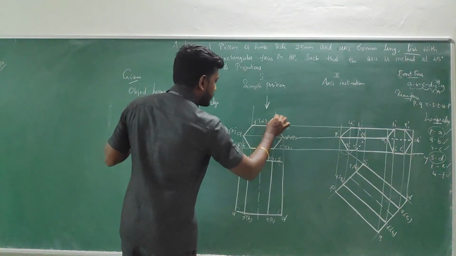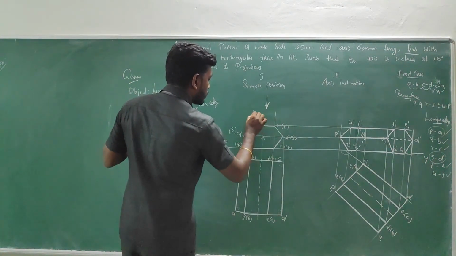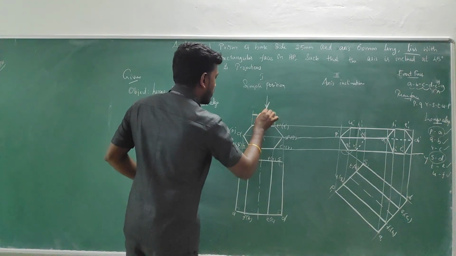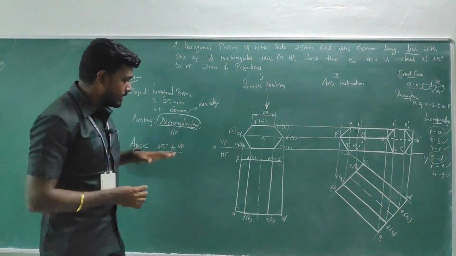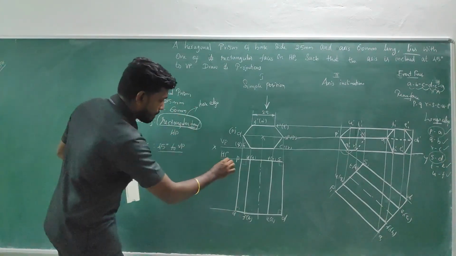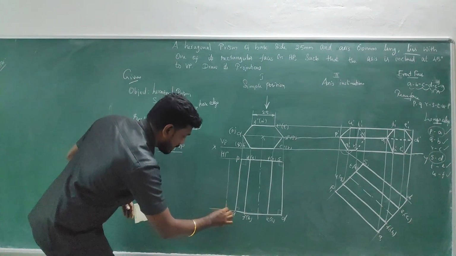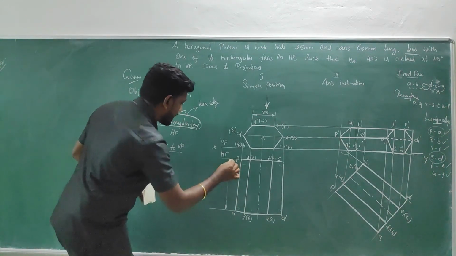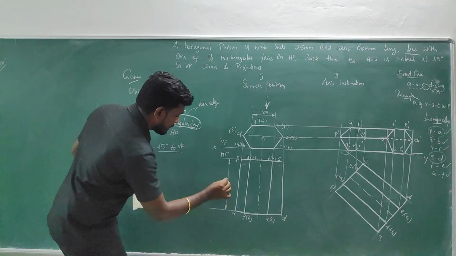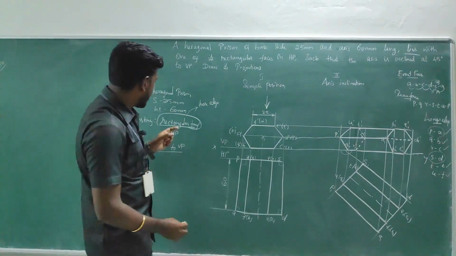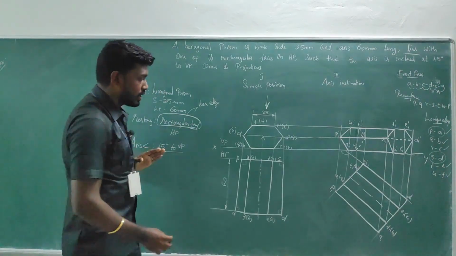Then we have to make the dimensions. The base side is 25 mm, so go for a dimension line and mark 25 above the line. What about the axis height, which is 60 mm? Take the parallel line, capture with filled arrows and write 60 above the line. Next, the axis inclination is provided as 45 degrees.